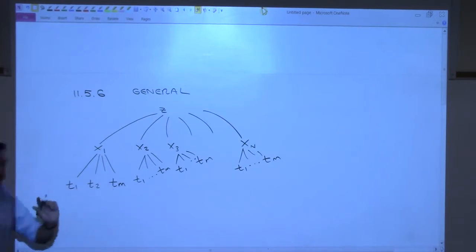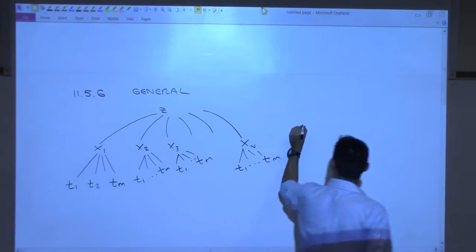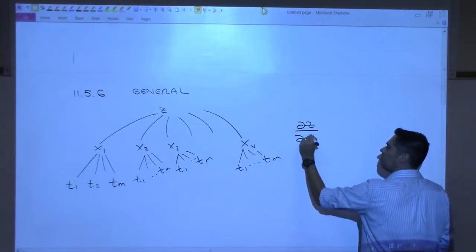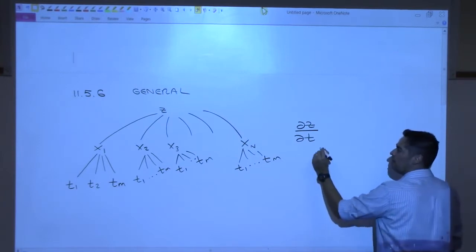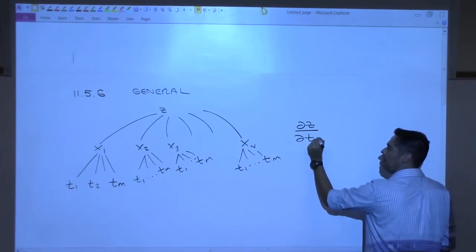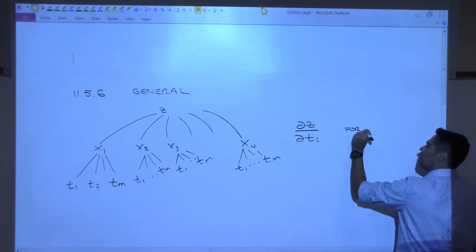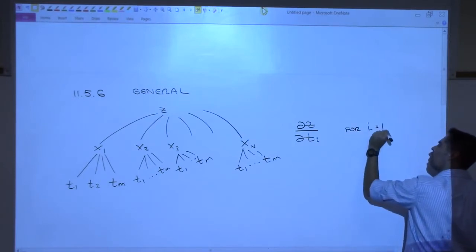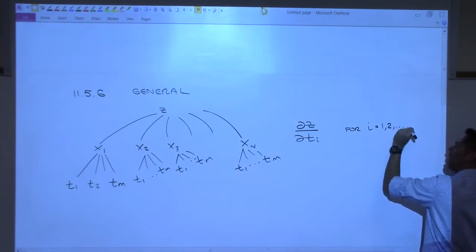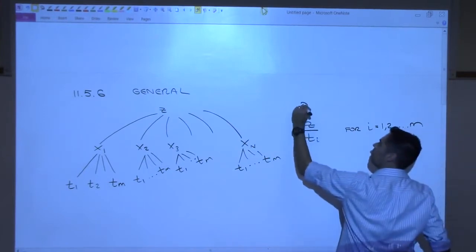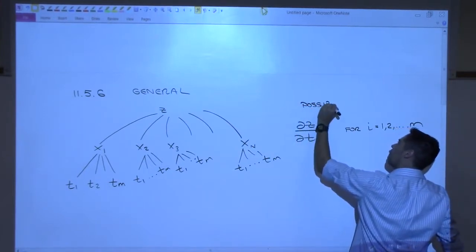So what's possible here is partials of z with respect to the ti's, for i equals 1, 2, all the way out to M. Do you agree with that notation? This is what's possible.